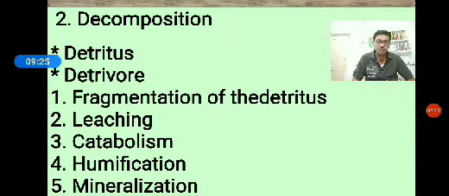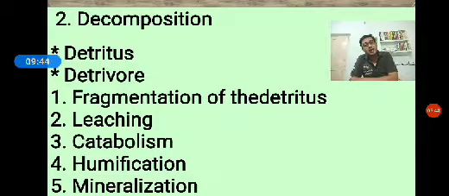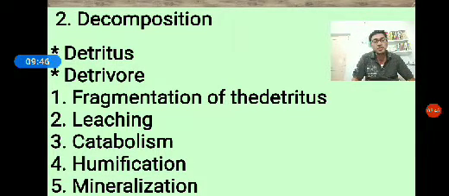This is called catabolism. So what happens here? The insoluble organic substances are broken down to form soluble organic and inorganic substances. This conversion is carried out by decomposing bacteria and fungi by releasing enzymes.